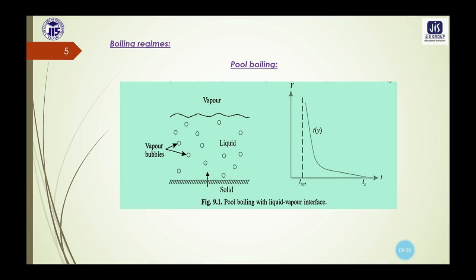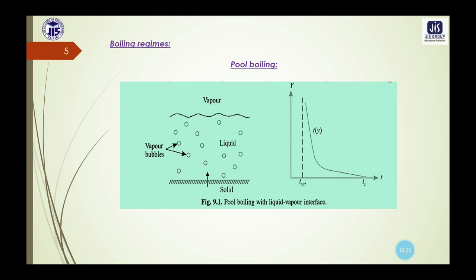The boiling process depends upon the nature of the surface, the thermophysical properties of the fluid, and the vapor bubble dynamics. These are the three important criteria upon which the boiling process depends.